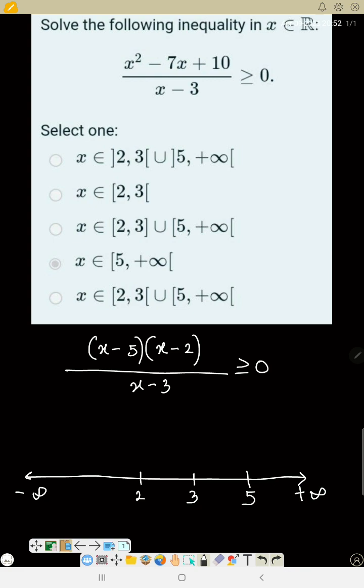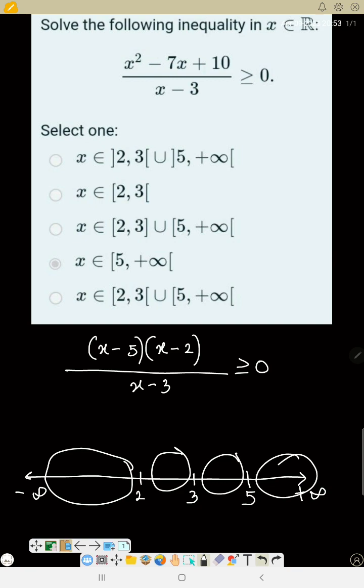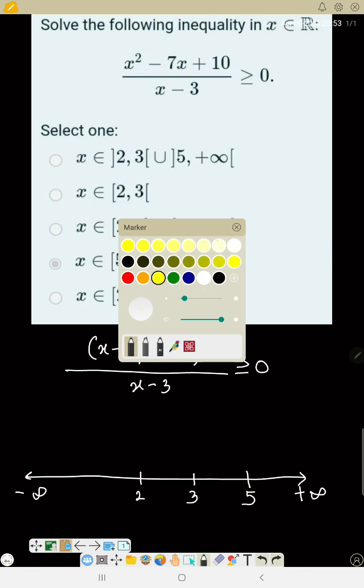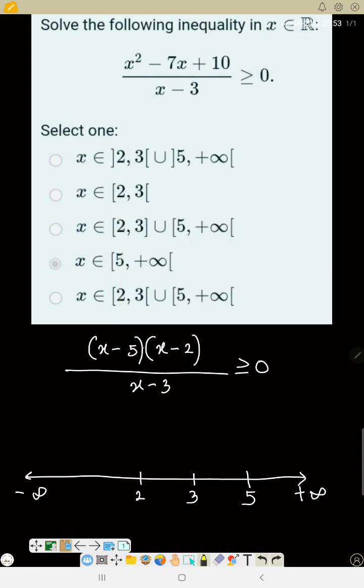So we have to test the sign here, here and here. What are the sign conventions there? But let me put the interval notation. For the numerator, remember, it is greater than or equal to 0, so I'll shade.